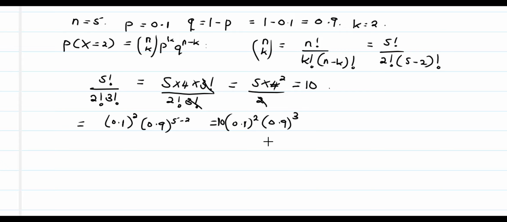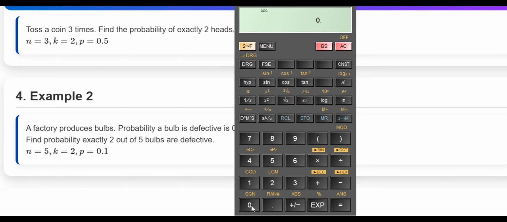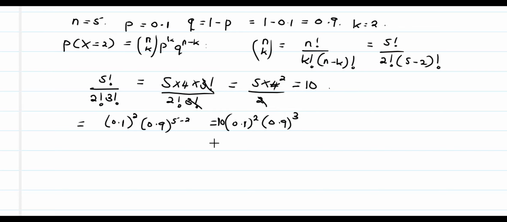So can we try in the calculator and see what this 0.1 squared will give us and this 0.9 cubed will give us. 0.1 squared is just the same as 0.1 multiplied by 0.1 again, which is 0.01. So here this part we have is equal to 10 into 0.01.